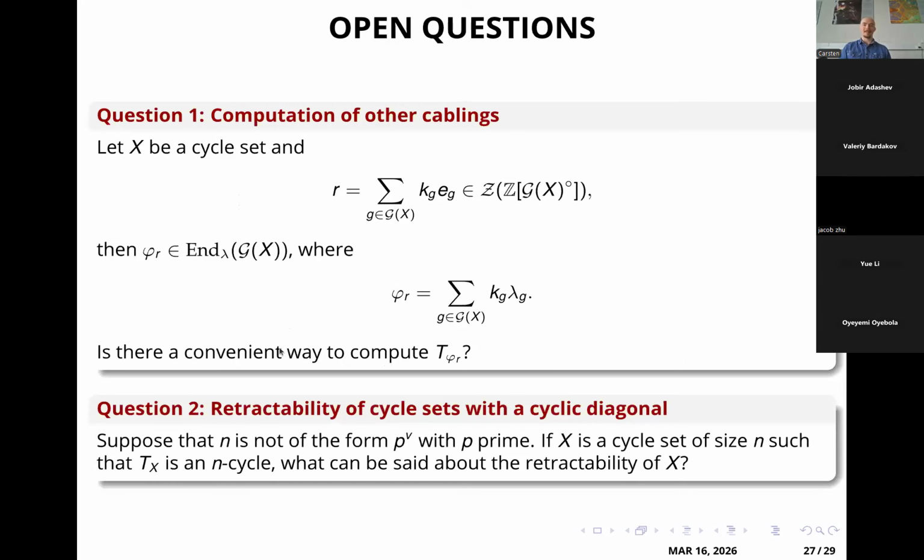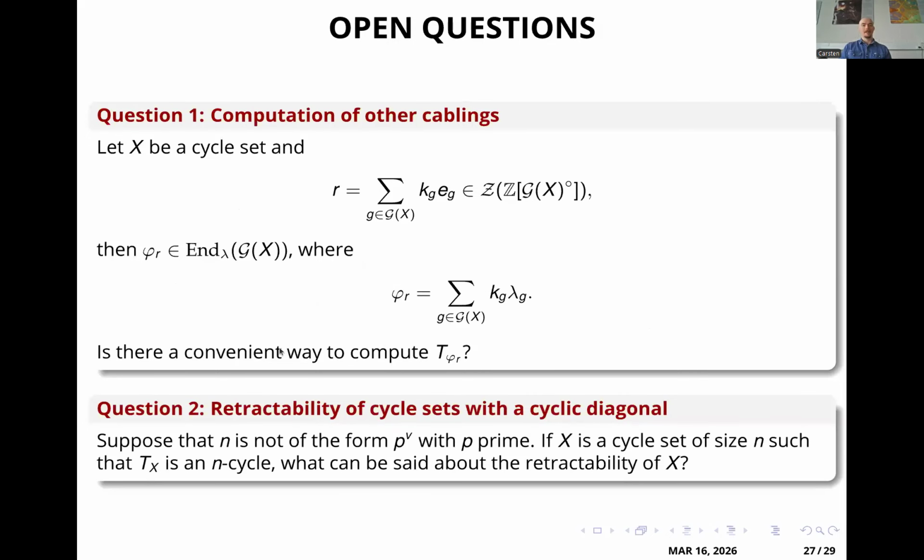And what would be desirable would be to say something about the diagonal in cases where we don't just cable by elements coming from the center of the permutation group. It would be way nicer if we could, for example, say something about cablings that come from the center of the group ring over the multiplicative group of the permutation group simply.